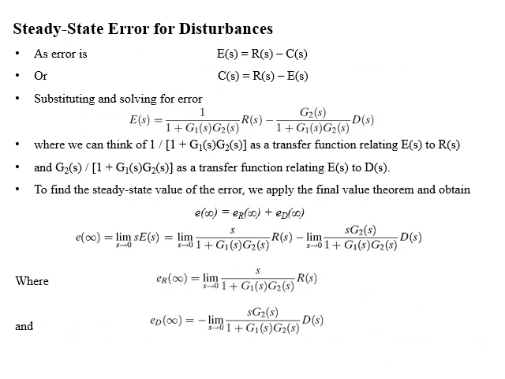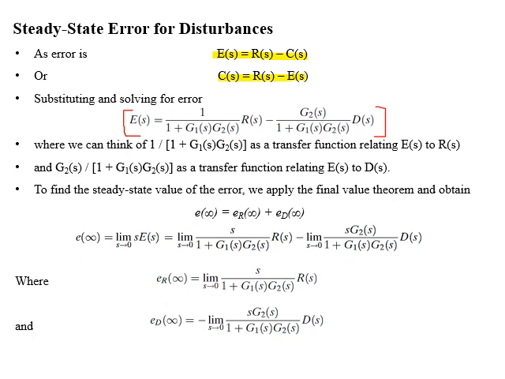Dear students, we know that steady state error is the difference between input and output, or output will be equal to input minus error. Now substituting and solving, we obtain a relation for steady state error due to reference input and disturbance.